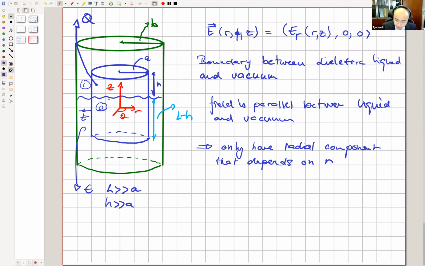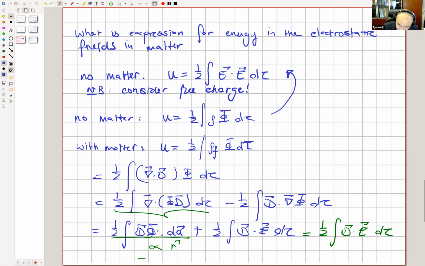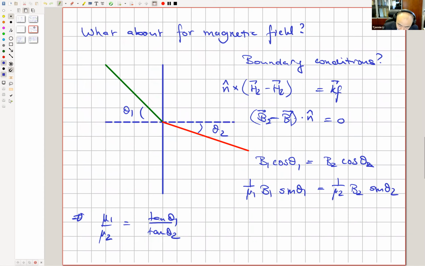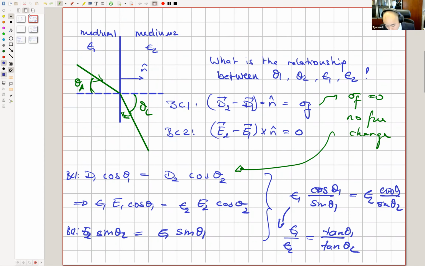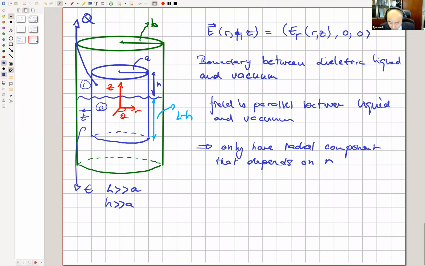Remember the boundary condition that we had before? We take a look at this one here. Now, of course, this is just a conductor.